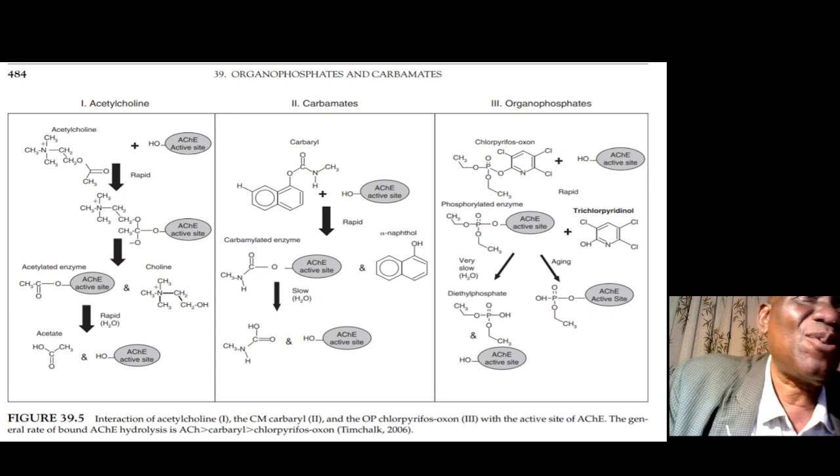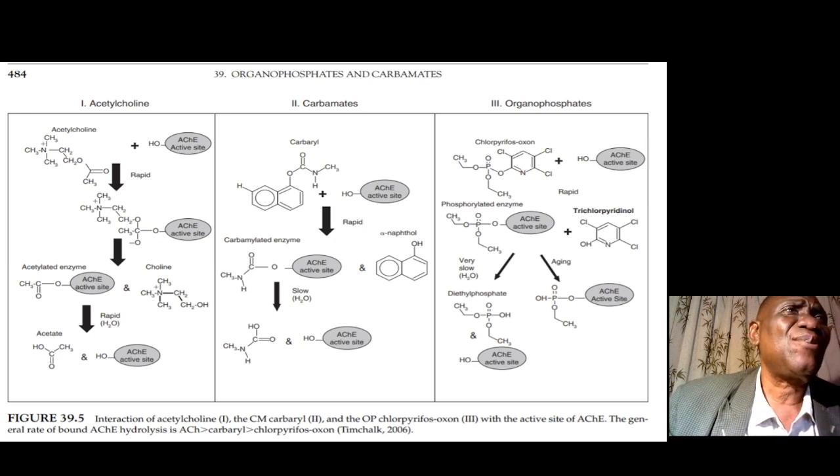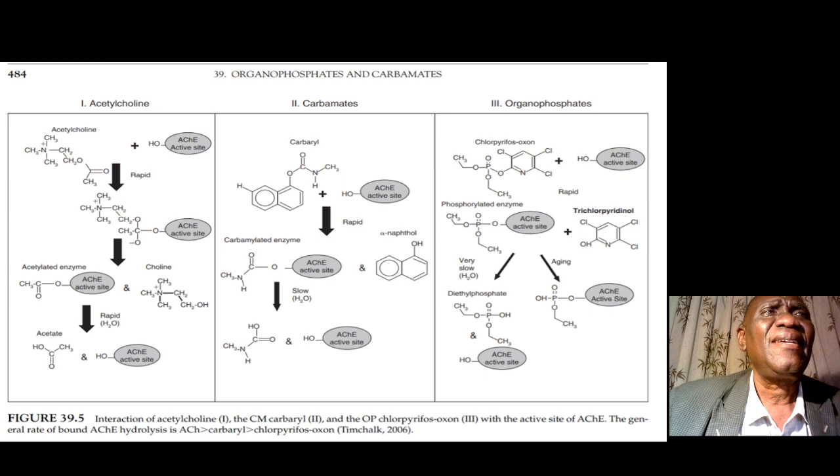Here I've got 3 columns, and we are trying to illustrate a scenario which is the first column where we don't have a pesticide. Things are operating normally, and we are having another case where carbamates have been applied, and they are now combining with the enzyme, causing problems.